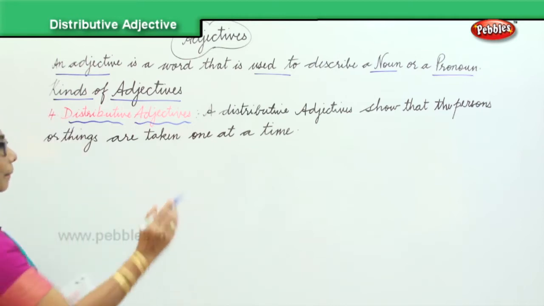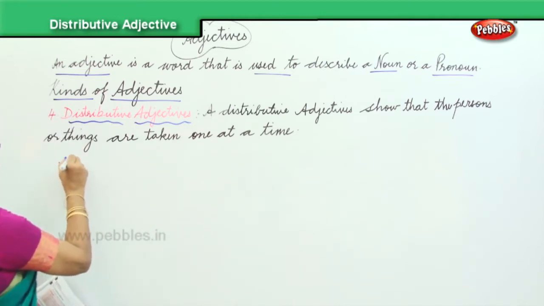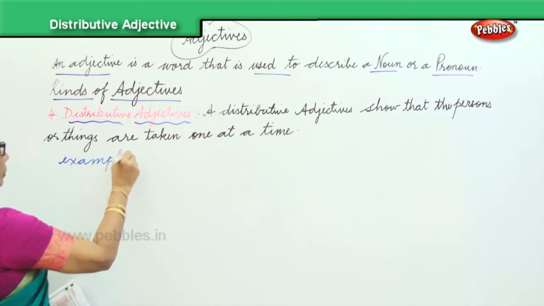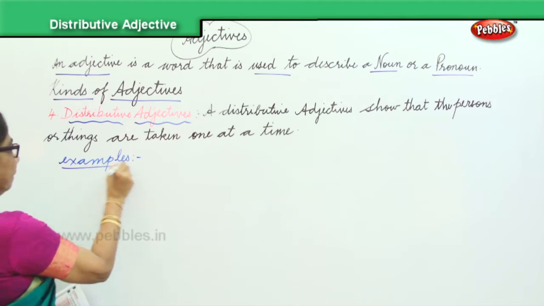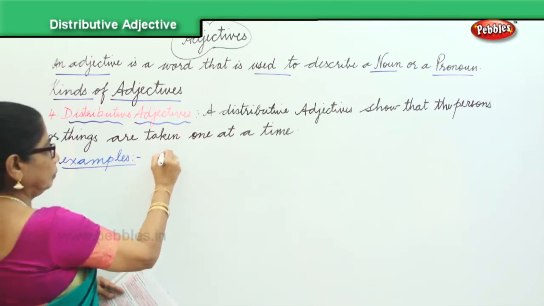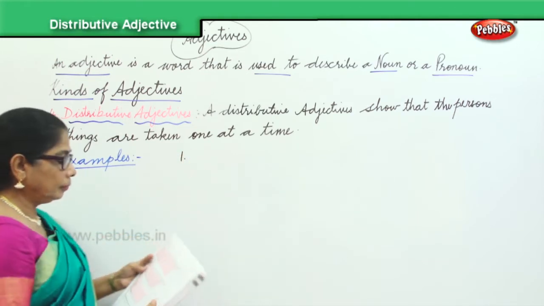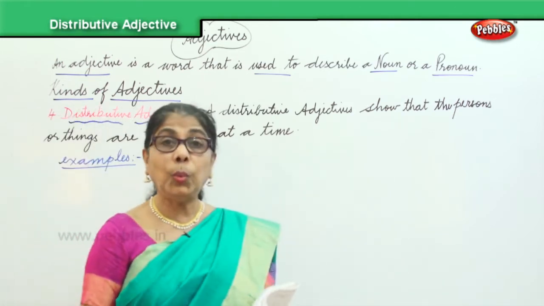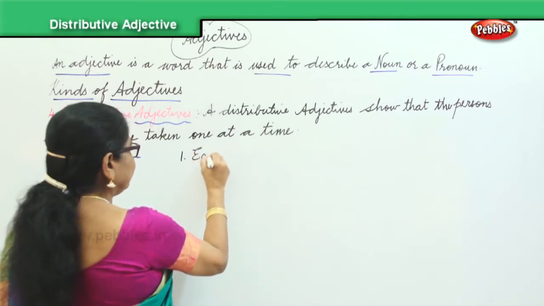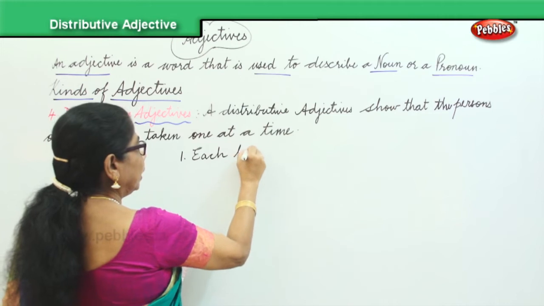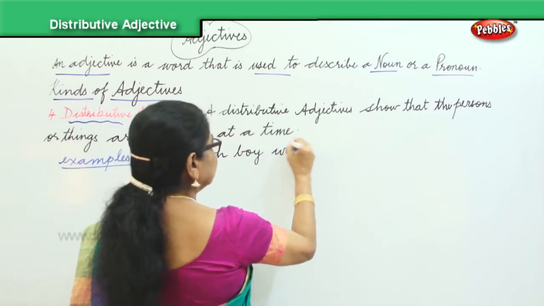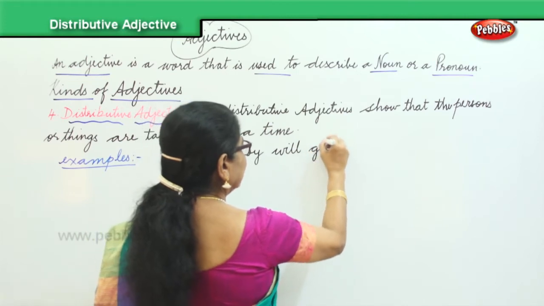I'll give you some examples for us to understand better. Each boy will get a chance. Each boy will get a chance.